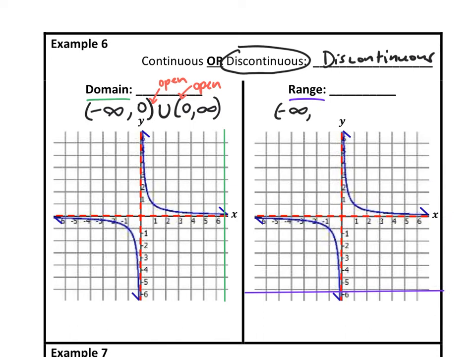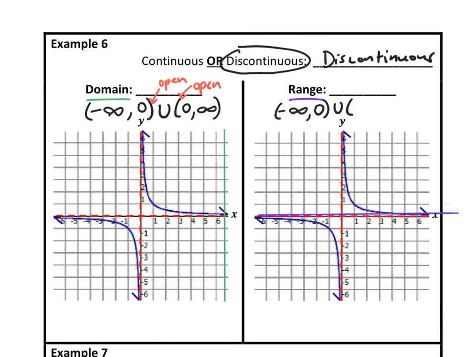Comma. And then keep scanning, we keep scanning, we keep scanning. And the graph breaks up at 0. Parentheses because it's open. And then union, where does the next piece start? This next blue piece starts at 0.